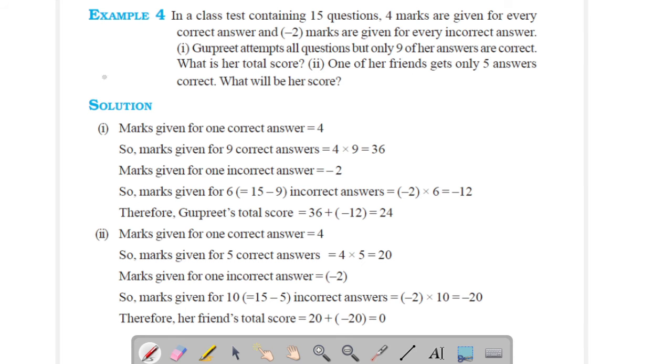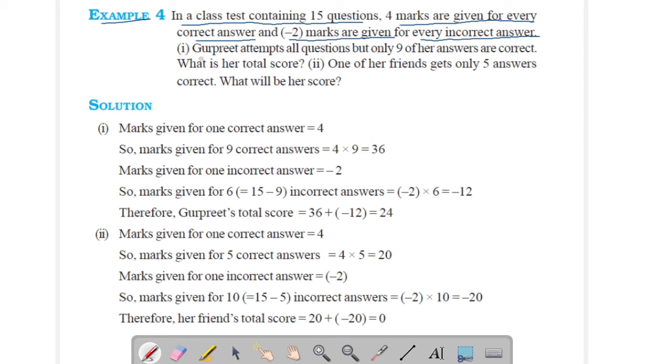Now come to example 4. In a class test containing 15 questions, 4 marks are given for every correct answer and minus 2 marks are given for every incorrect answer.